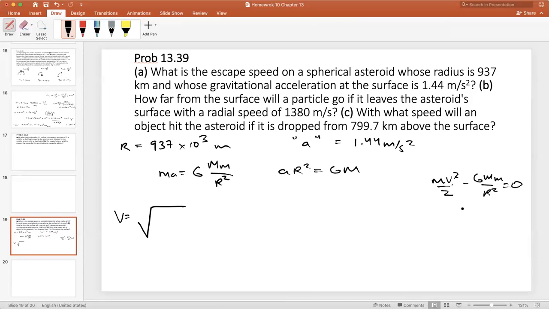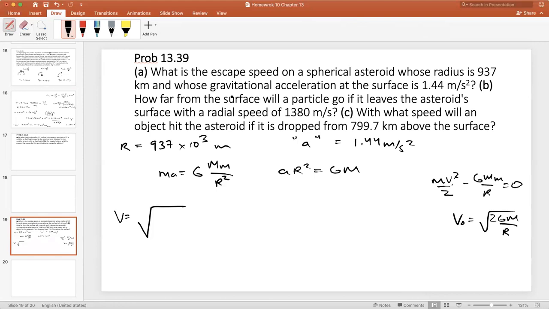If I move this over and I cancel my m's, I see quite easily that my initial velocity has to be equal to the square root of 2GM over r squared. I'm sorry, I knew that was wrong. Over r. Potential energy is over r. Okay.